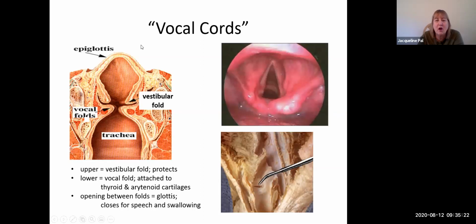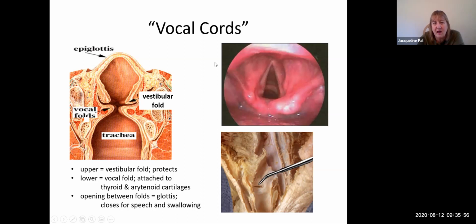Anteriorly, these folds are attached to the thyroid cartilage, and posteriorly, and I noticed on a lot of the pictures that I copied from other sites, these are posted with posterior upside down, so I kind of flipped them for you. You can always orient yourself in that the vocal folds are attached to each other anteriorly, and you can tell that also because this and this, these are those bumps where you have the arytenoid cartilage and the two little cartilages up above it.